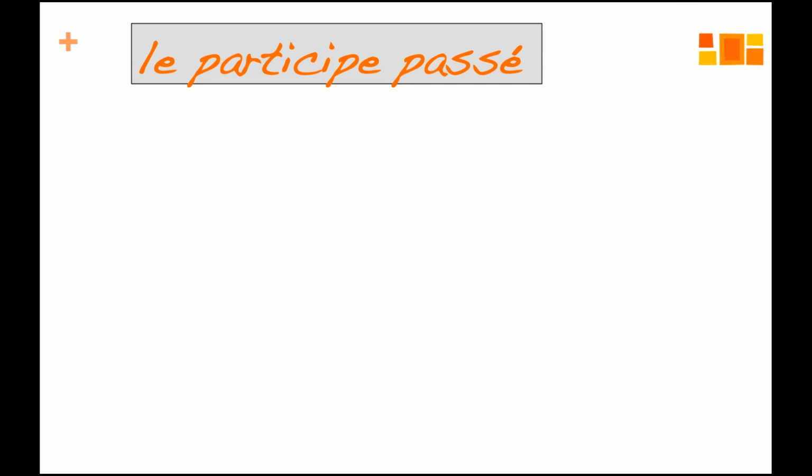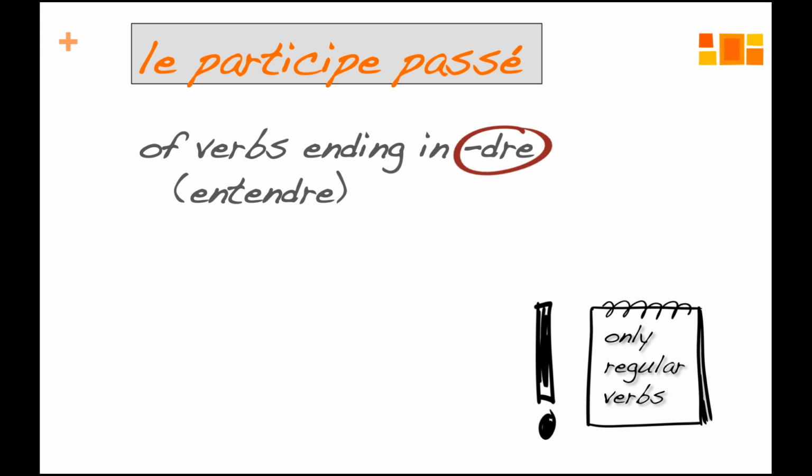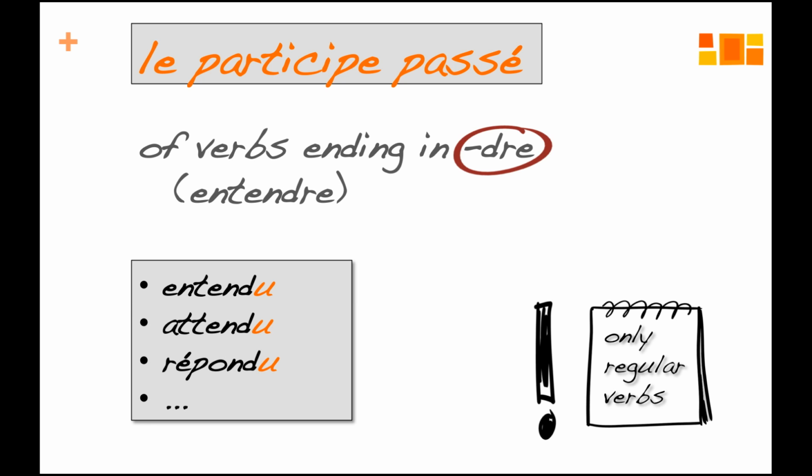For the group of verbs ending in dre, like entendre, which is 'to hear' or 'to understand,' things start to get a bit more complicated. Now let's first have a look at the regular formation. And the most important words that you need on a daily basis, so to speak, are those three.